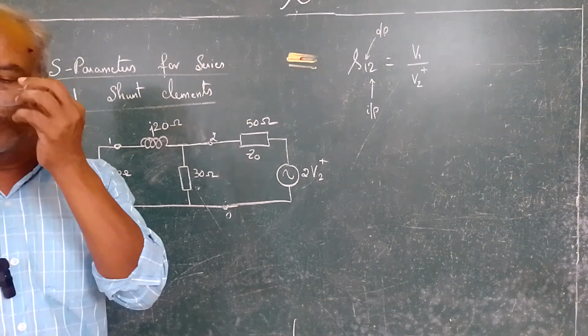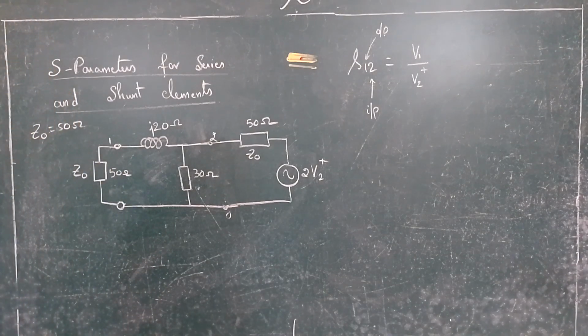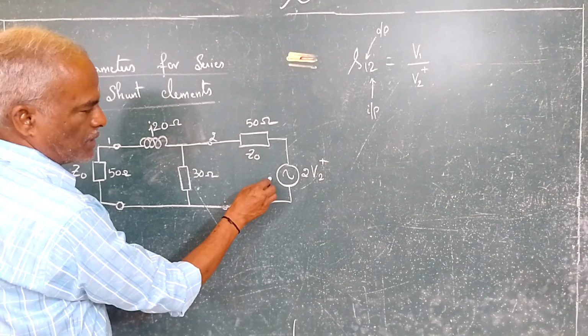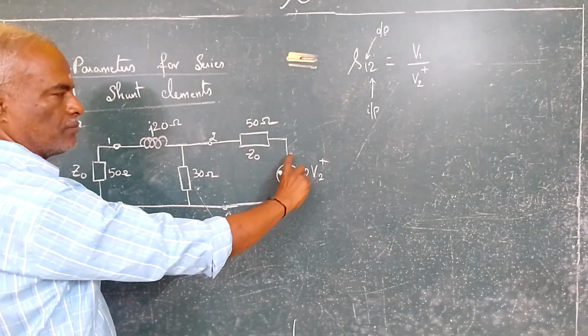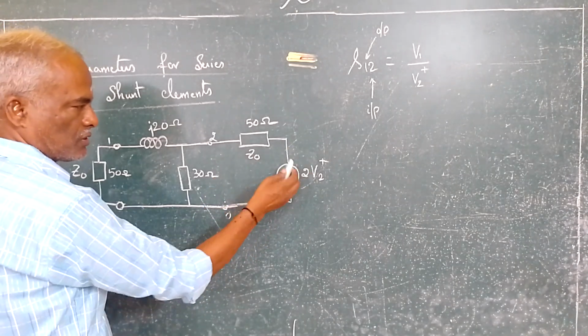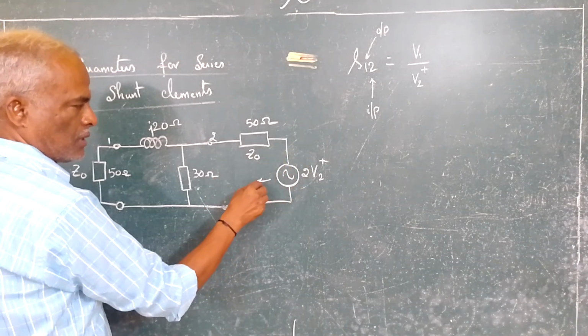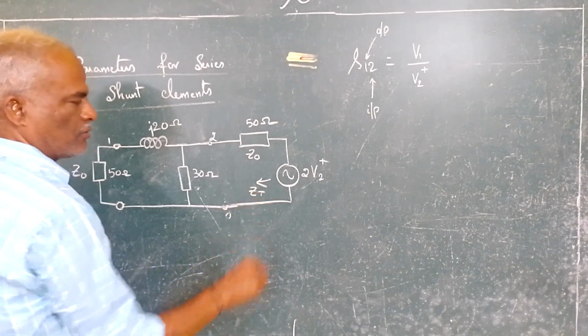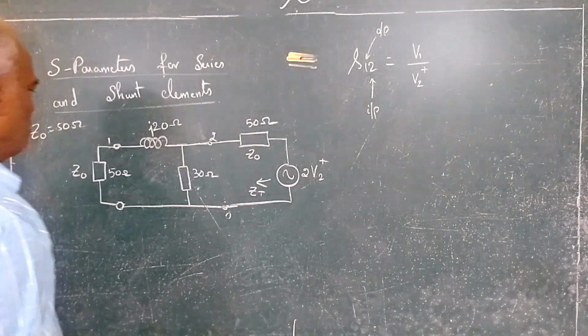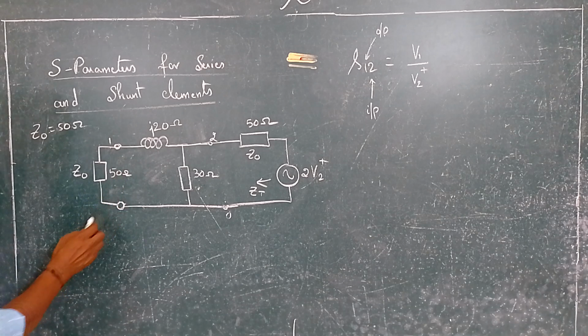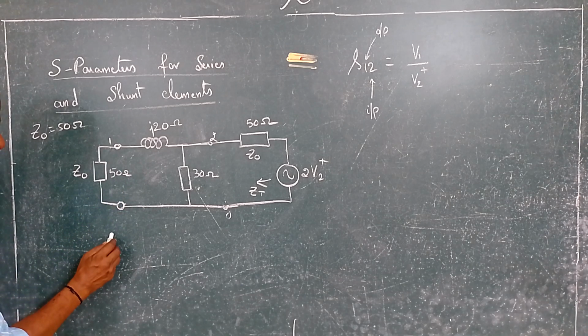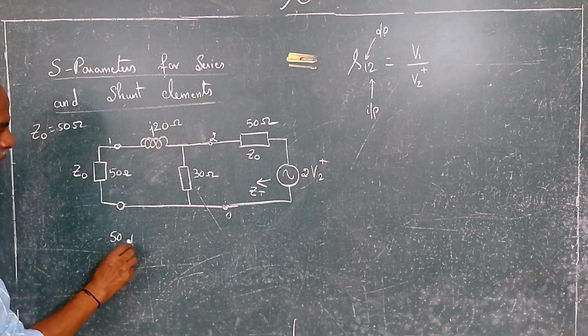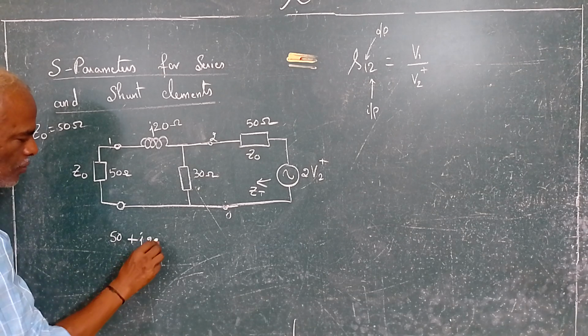So the first step will be to find the total impedance as viewed from 2V2, this voltage source. So from these 2 points, I am going to find out Zt. Now these two are in series, so I can write 50 plus J20 ohms.